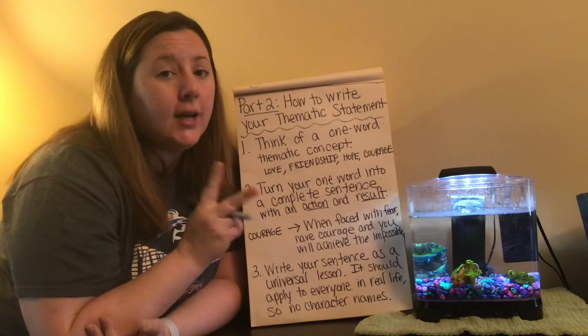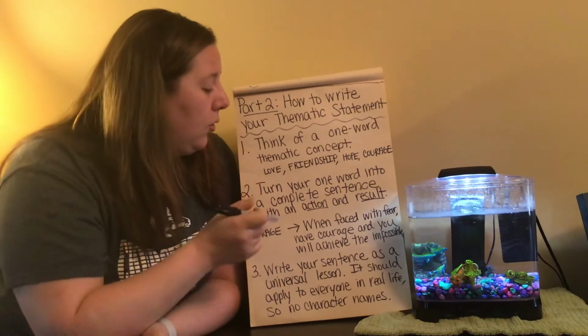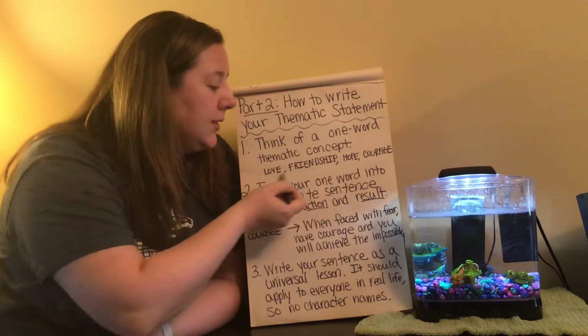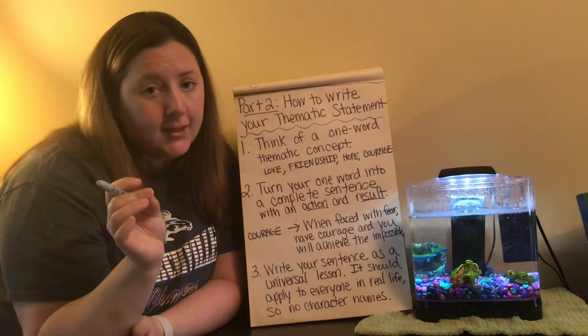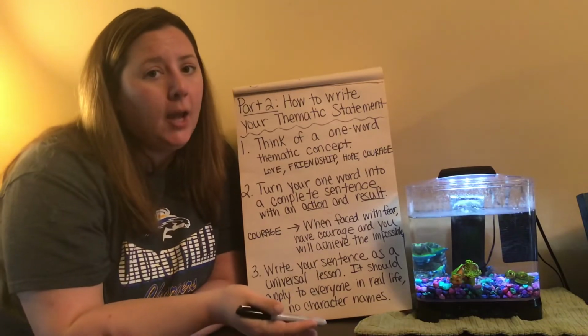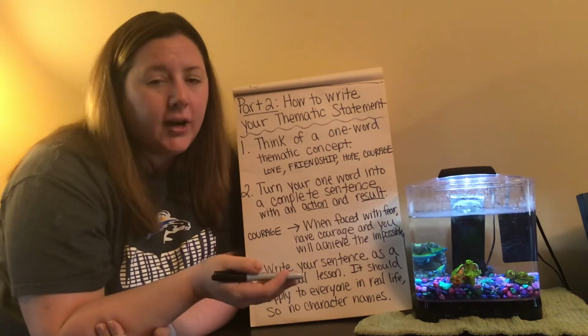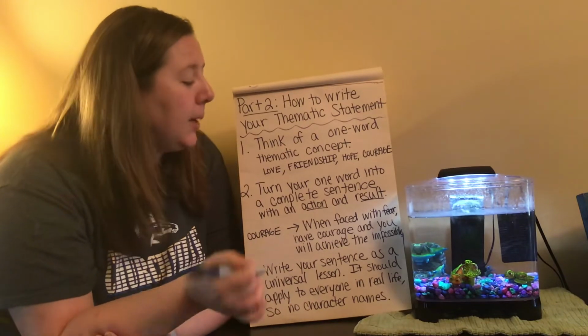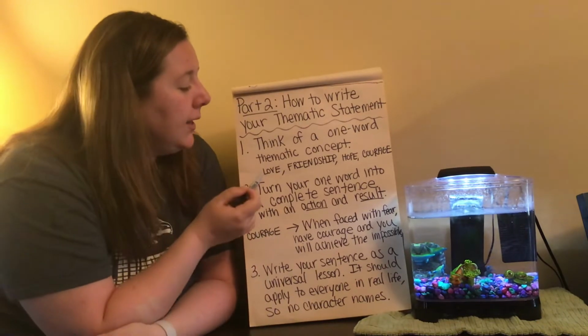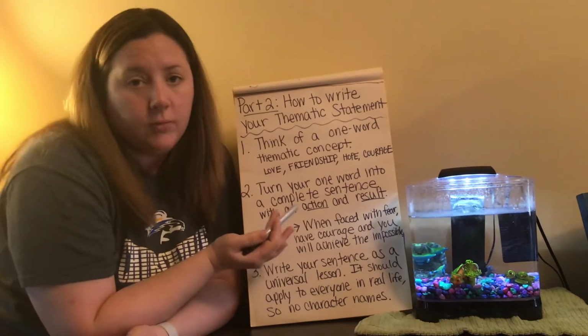But then if you scroll down to the second page, there's a whole list of thematic concepts. You could also just Google thematic concepts, and you can get a whole list, and that way you can choose from the list if you're struggling to think of the word by yourself. Having a word bank sometimes helps, so check that out. Okay, so that's the easy part. It's just one word, no pressure.